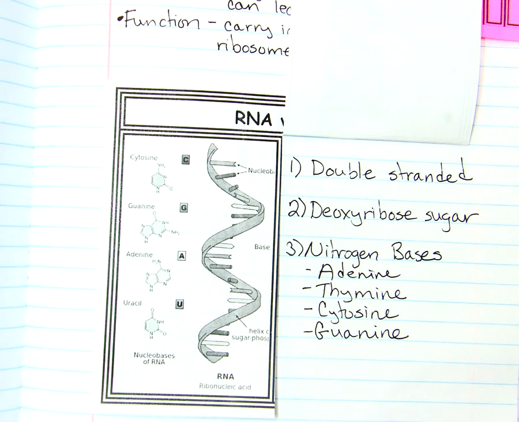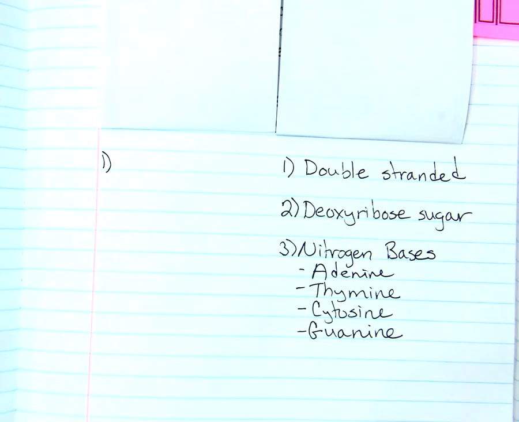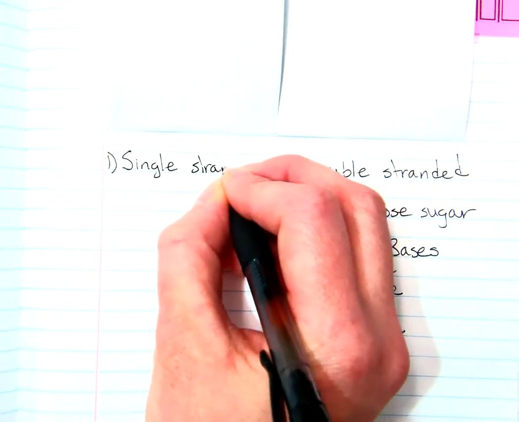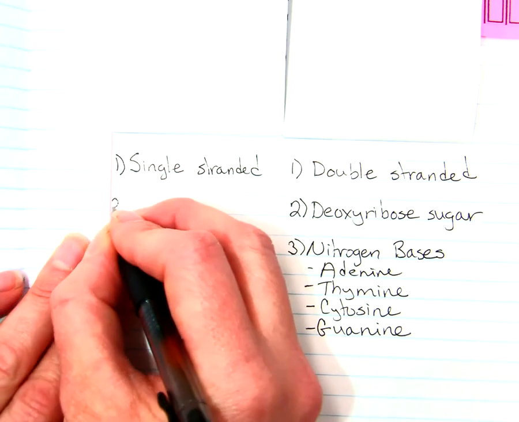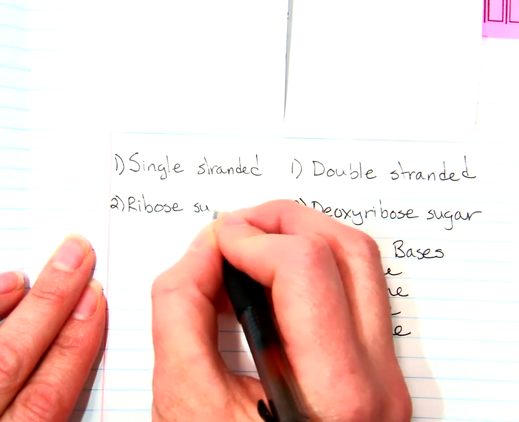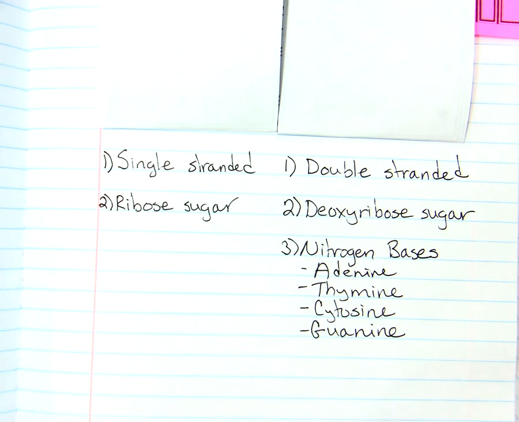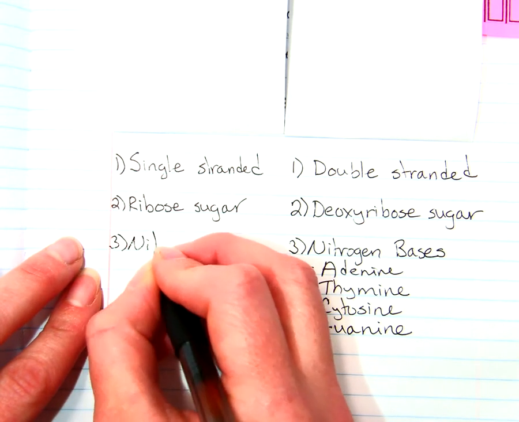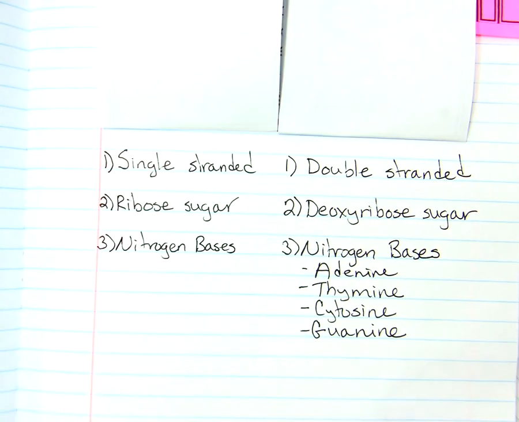Now over on the RNA side. So first thing, single-stranded. Second, we have a ribose sugar instead of deoxyribose, so the backbone's a little different. And then our nitrogen bases.